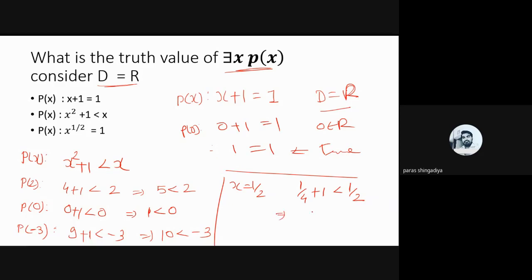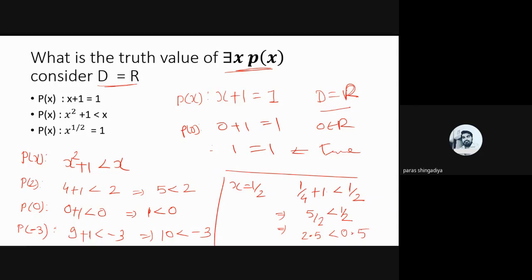What is the answer of this? That is 5 by 4: taking the LCM, 1 plus 4 over 4, which is 1.25 in decimal, and 1 by 2 is 0.5. So 1.25 less than 0.5 is also wrong.